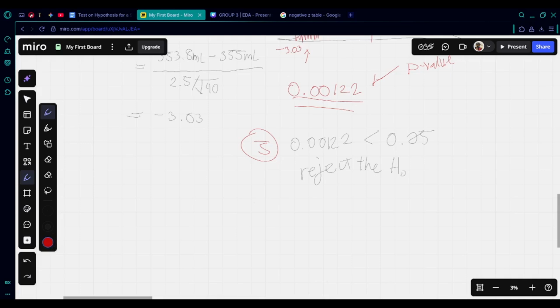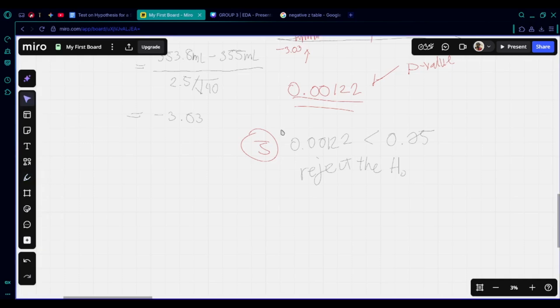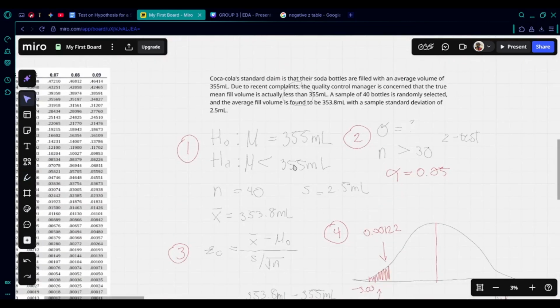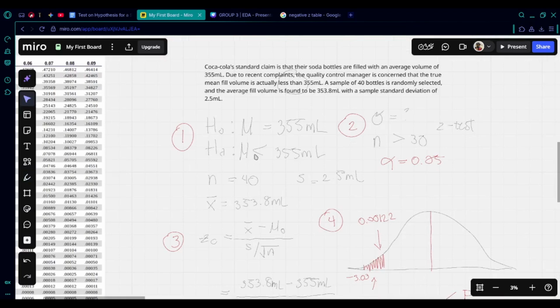So, this means that yung evidence gathered from the sample 40 bottles, which had the mean fill volume of 353.8 ml, is strong enough to conclude that the Coca-Cola bottling process is consistently underfilling the bottles compared to the standard claim na 355 ml.